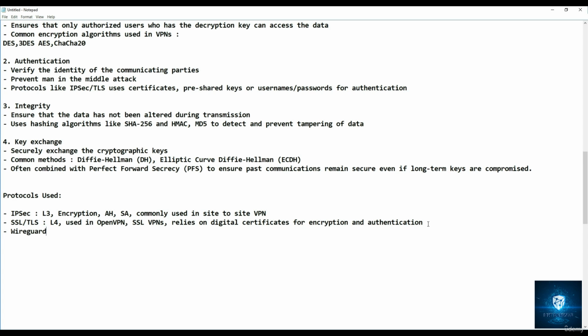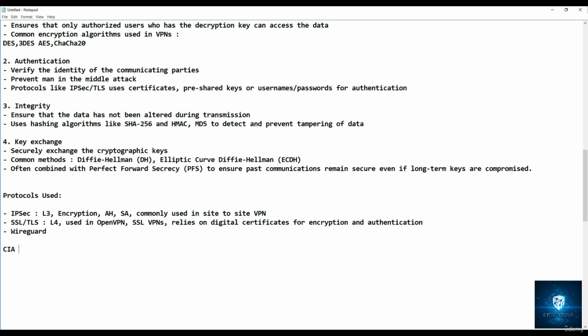Okay, so the key takeaways here: cryptography in VPNs ensures that we have the CIA triad maintained. So basically confidentiality, integrity, and authenticity of the data is maintained between two users in a VPN peer.